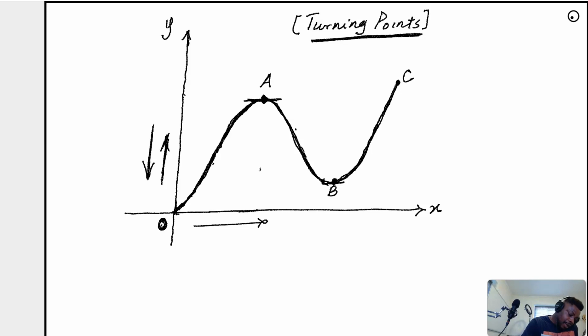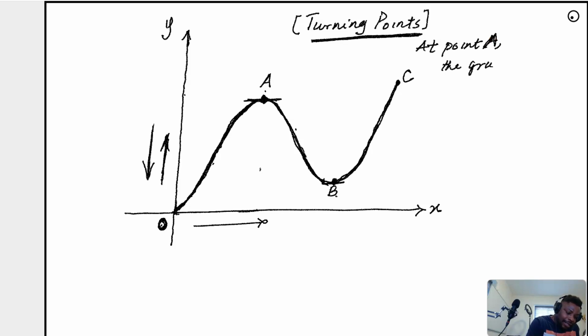Look at it here. Remember, between 0 and A, gradient is increasing. That is a positive gradient. Between A and B, gradient is negative, right? So, what is happening at point A?